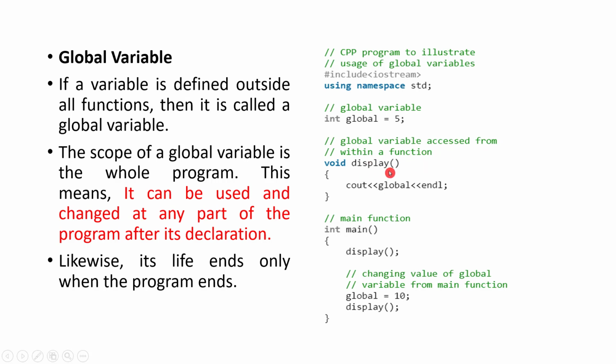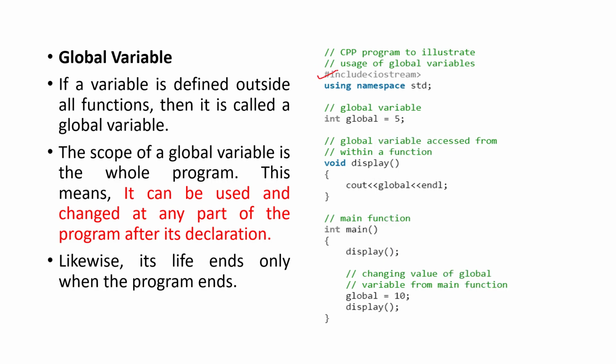Okay, void display, and inside we have cout global and endl. One thing to note here is that this is the user-defined function and this is the main function. So when the compiler reads the first line and second line, the control will come to int main.